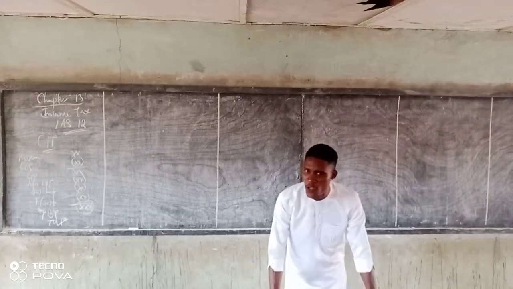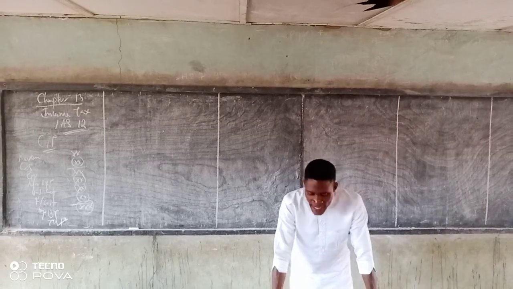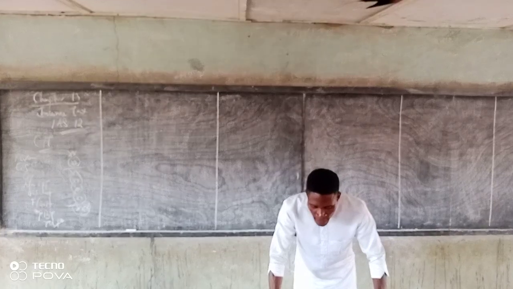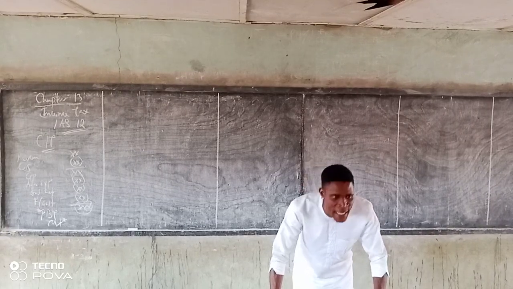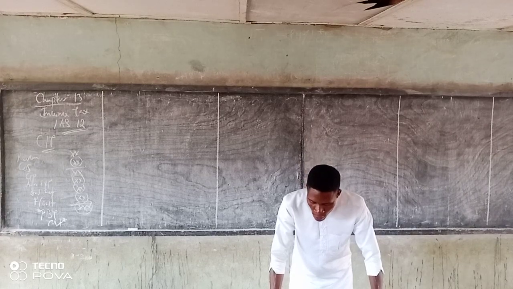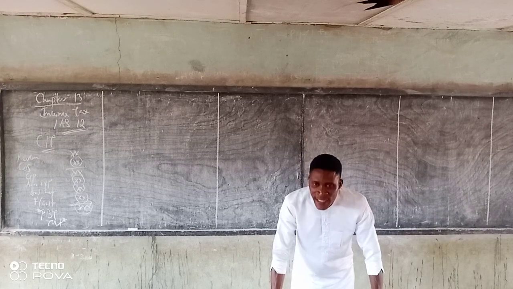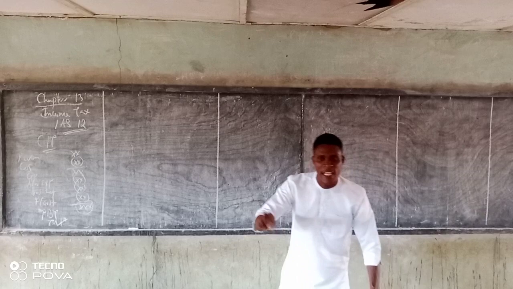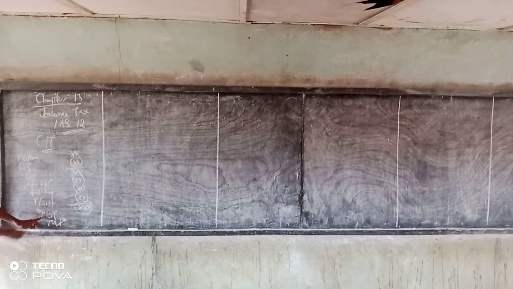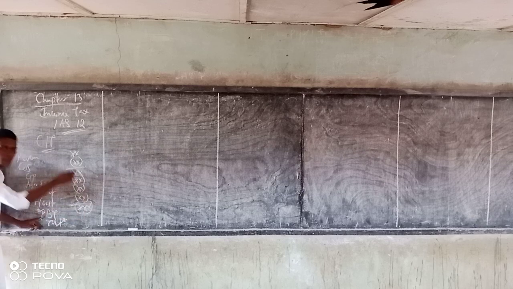Then definitions now. What is accounting profit? There is a difference between accounting profit and taxable profit. Are you together? So what is accounting profit? Accounting profit is a profit or loss for a period before deducting what? Tax expenses. This profit here is what we call accounting profit.